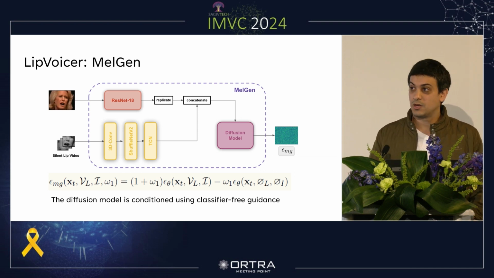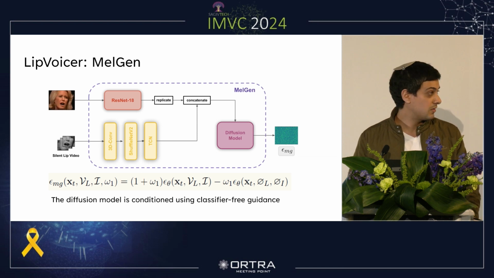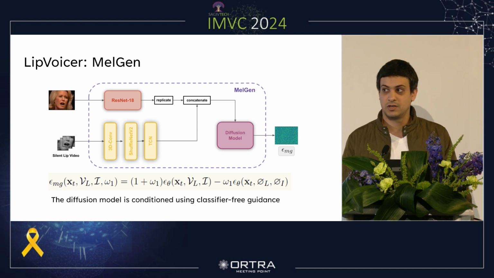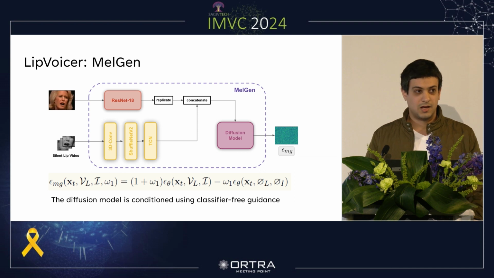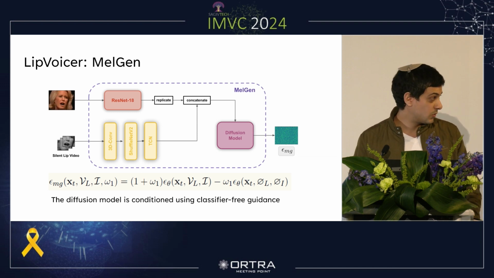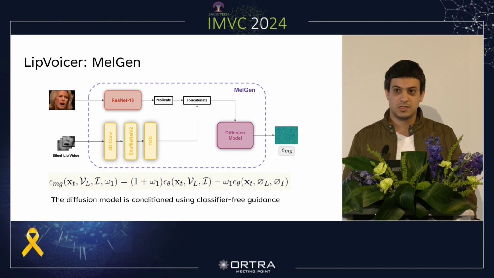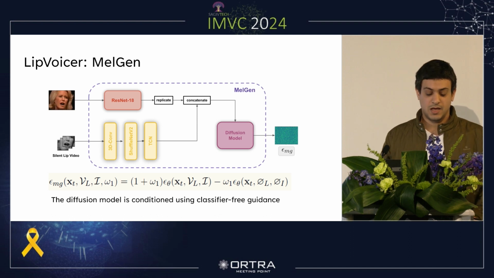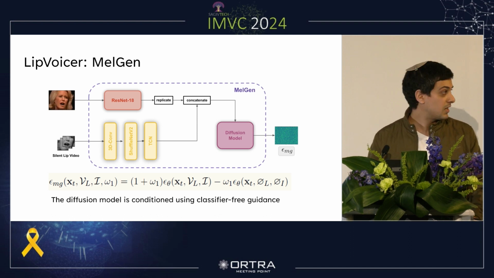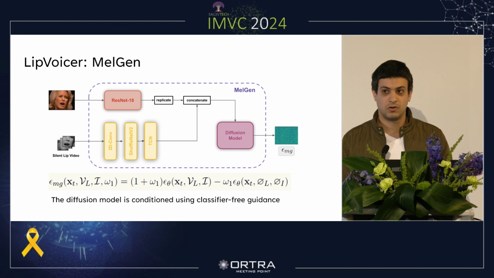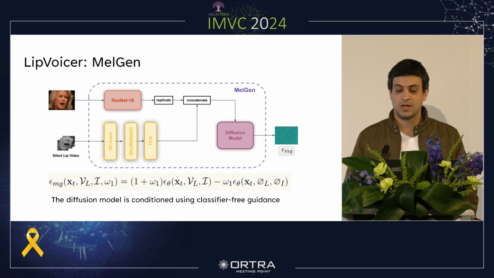The second thing we would like to achieve is to transfer the dynamic information from the video to the generated speech. For example, when speech starts, when it ends, the intonation that you have, and we can get that if we focus on the lip region in the video.